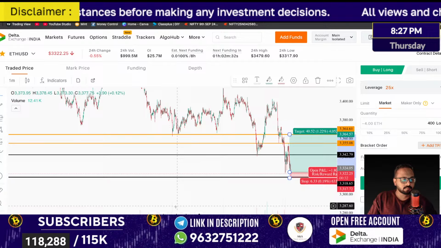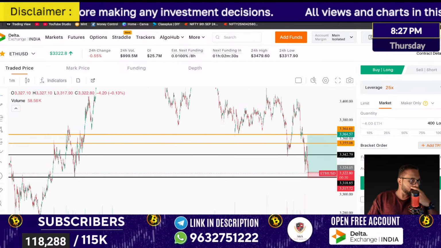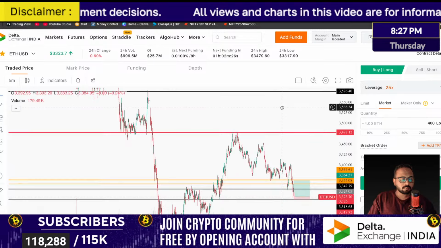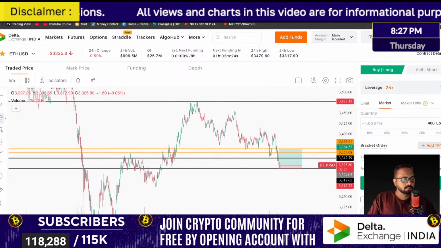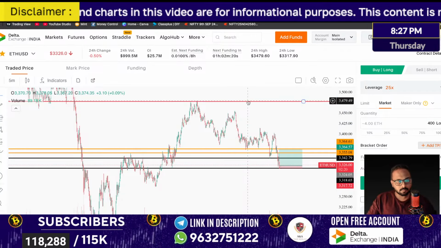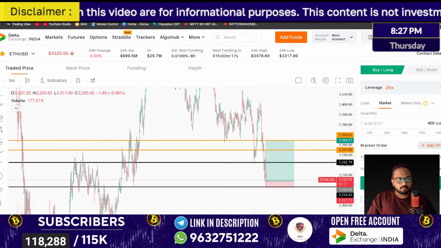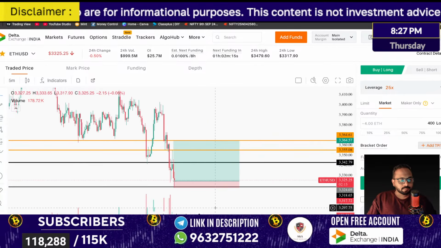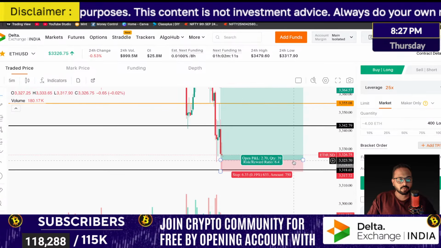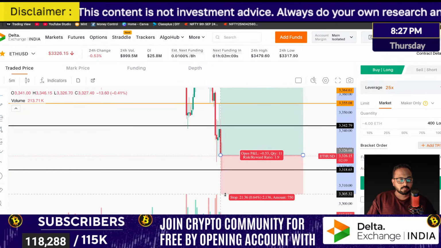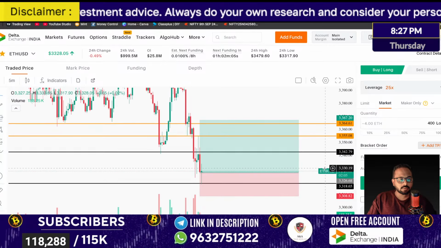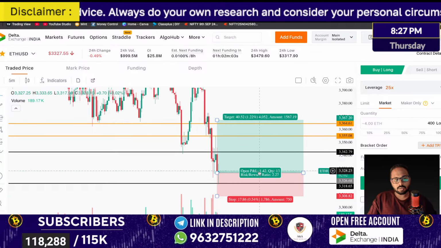Market is in an important zone. Just 17, 20 points, a little more movement.